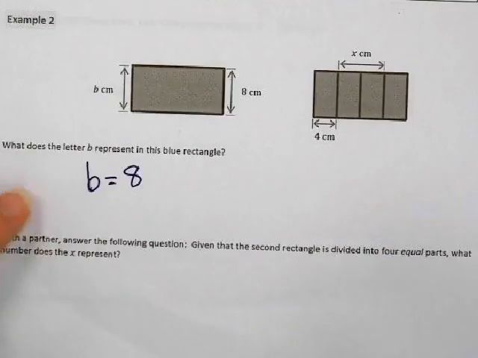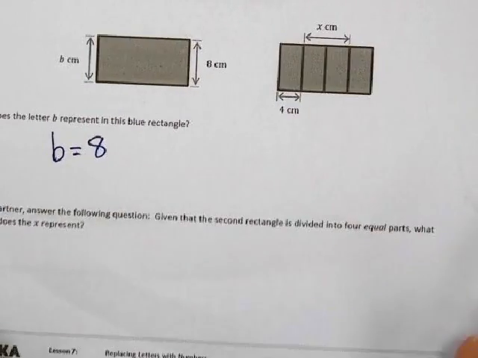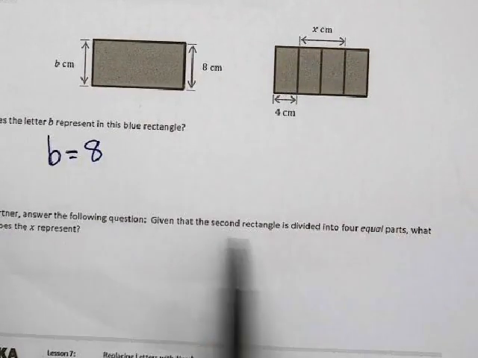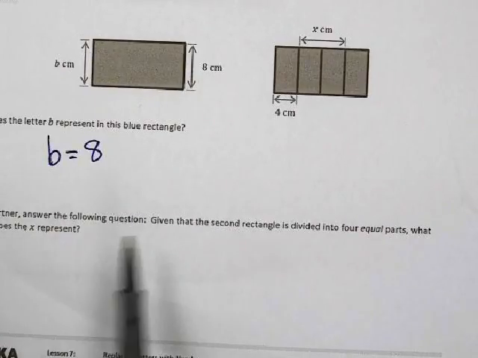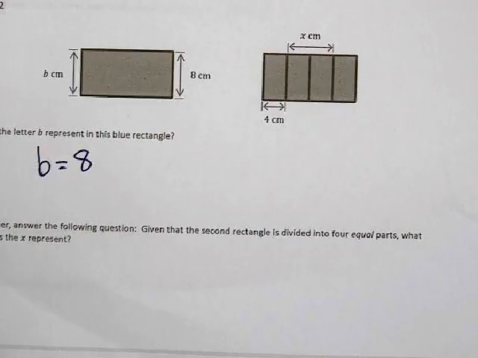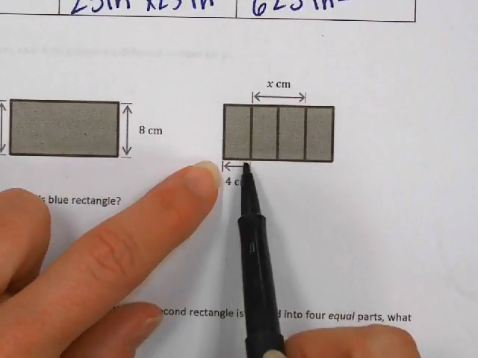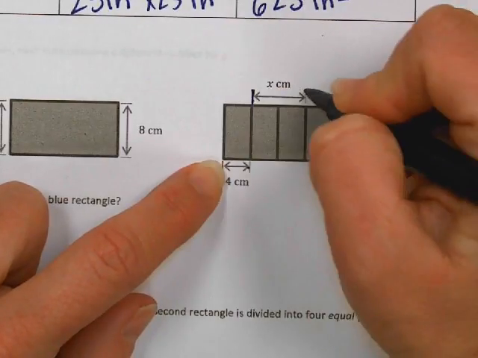Good. So if we look at this, and I know this says with a partner, but look at and answer this question. Given that the second rectangle, this rectangle, is divided into 4 equal parts, what number does the X represent? So I'm going to make this rectangle a little larger. And if we look at this, we see that 1 unit is 4 centimeters. And they're asking us, X is these 2 units together.